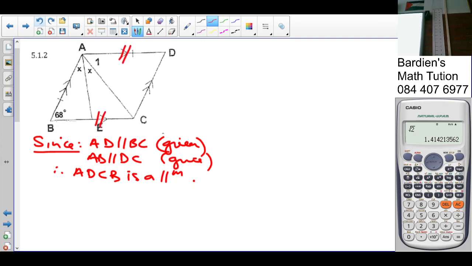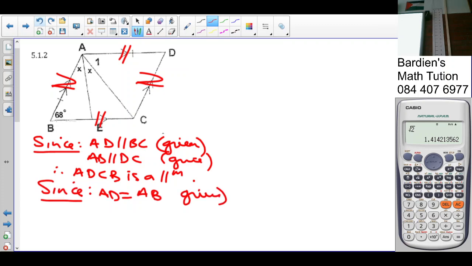But now we conclude, since it's given that AD is equal to AB, that was given equal, therefore ADCB is a rhombus. Why is it a rhombus? All sides are equal.